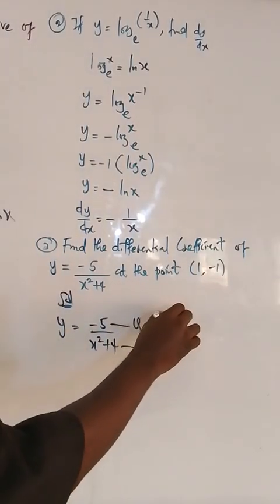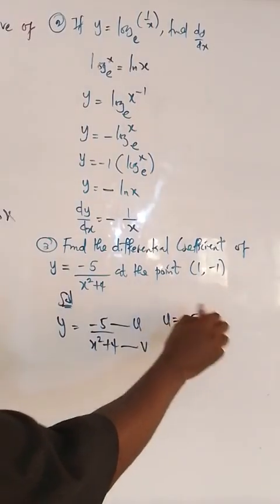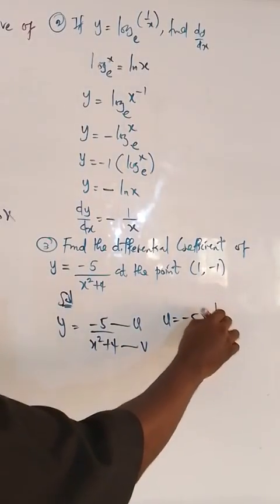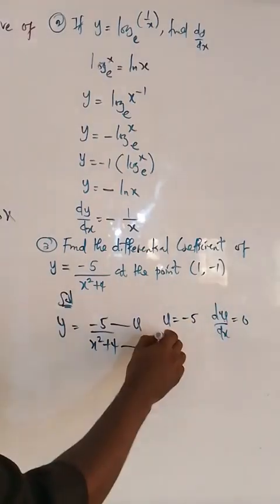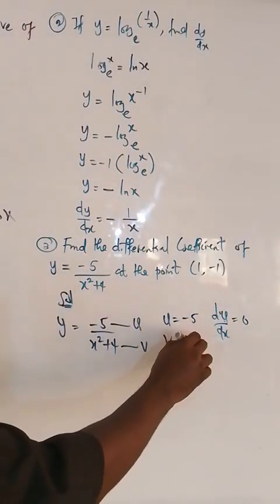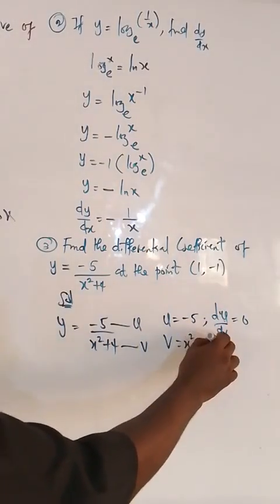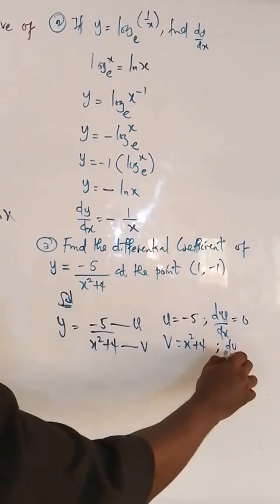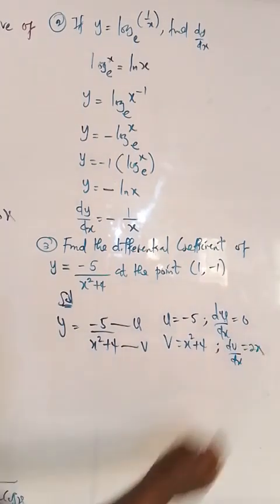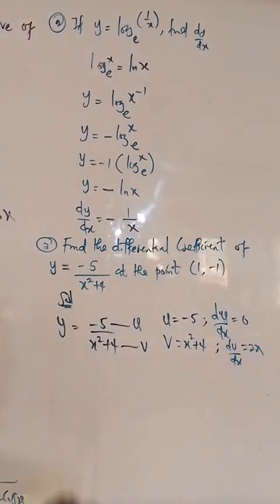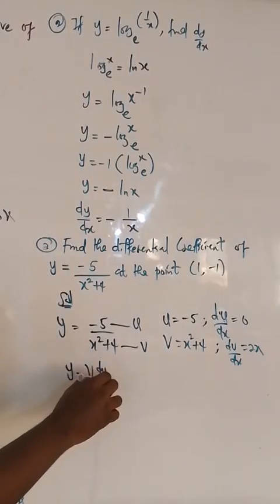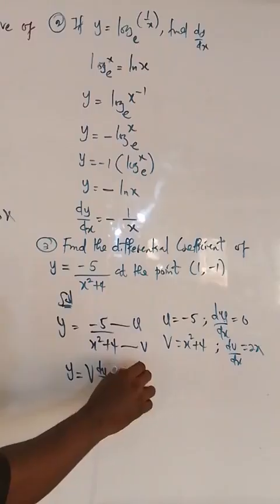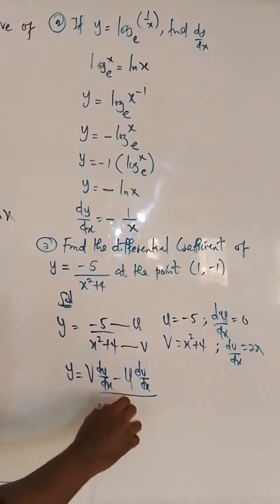If u equals minus 5, du/dx will be 0. If v equals x squared plus 4, dv/dx will be 2x. So using the quotient rule, dy/dx equals v du/dx minus u dv/dx over v squared.